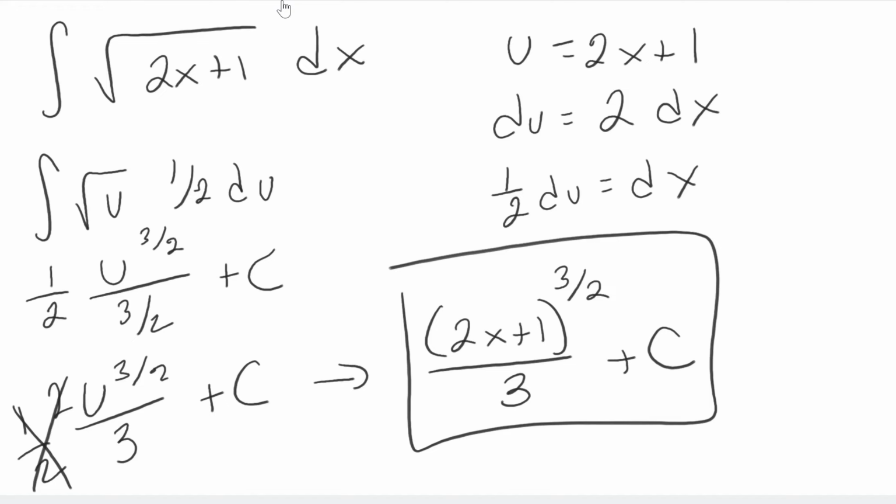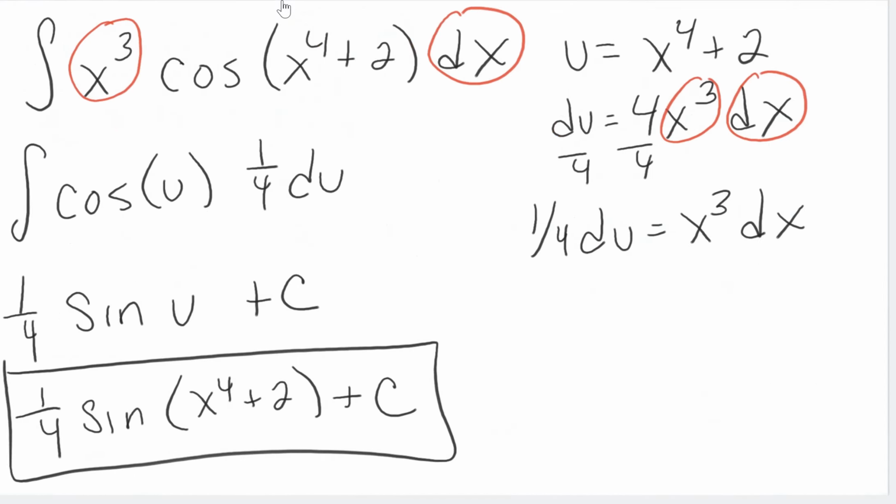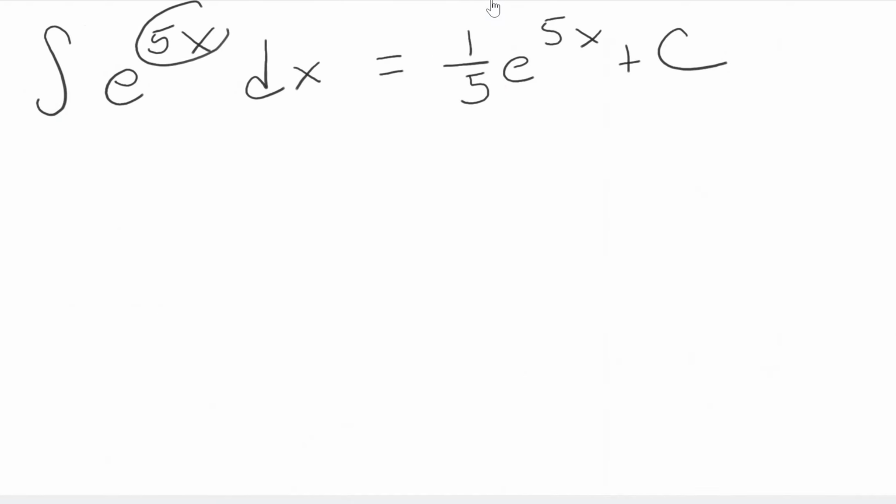So I can just pull that out as a fraction. If we look at this one, remember I pulled out basically the 4th. This one's not as obvious as these two are. That 5x is what I'm going to make u. I don't have a 5x there.